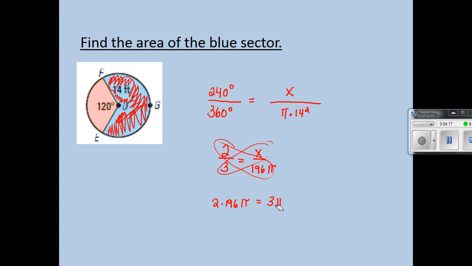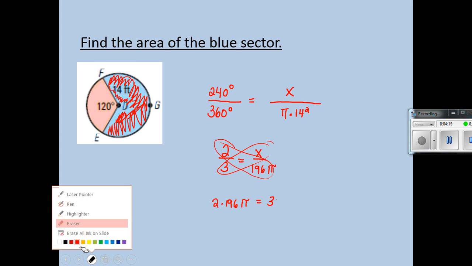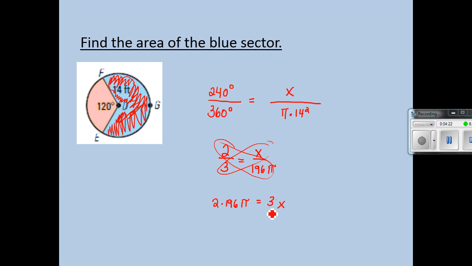Excuse me, I didn't mean to write a pi again. That should be an x. And then I'm going to divide both sides by 3. So I'm going to type 2 times 196 pi divided by 3. And I get x equals 410.5. That's the area of the blue sector.